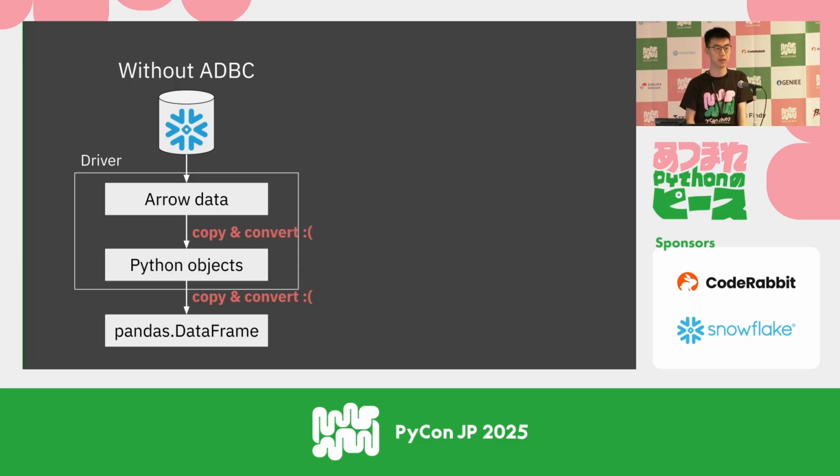And it's row-oriented. So that means the driver has to take that Arrow data off the wire, deserialize it and convert it into a bunch of Python objects. And of course, you don't want to work with the Python objects directly. You want to use pandas, you want to use polars, something like that. So you have to convert the data back into Arrow format just to use it. And so that's kind of pointless, right? We're doing all this conversion work for nothing.